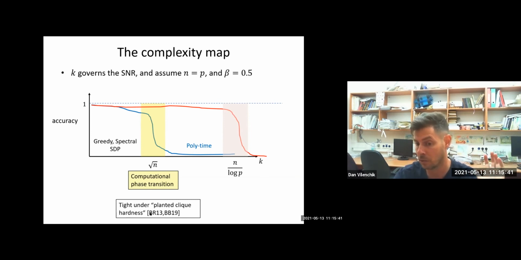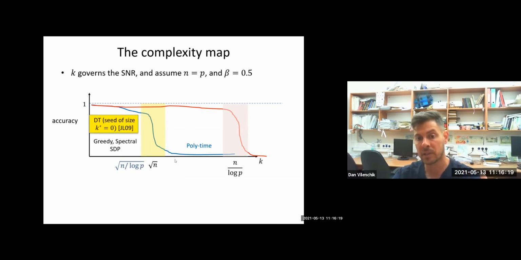These are results of Berthet and Rigollet and Brennan and Bresler, 2019, showing that if you believe the planted clique hardness, meaning that you cannot recover a clique of size asymptotically smaller than square root n in polynomial time, then under this assumption, no polynomial time algorithm can recover the spike when K crosses square root n.